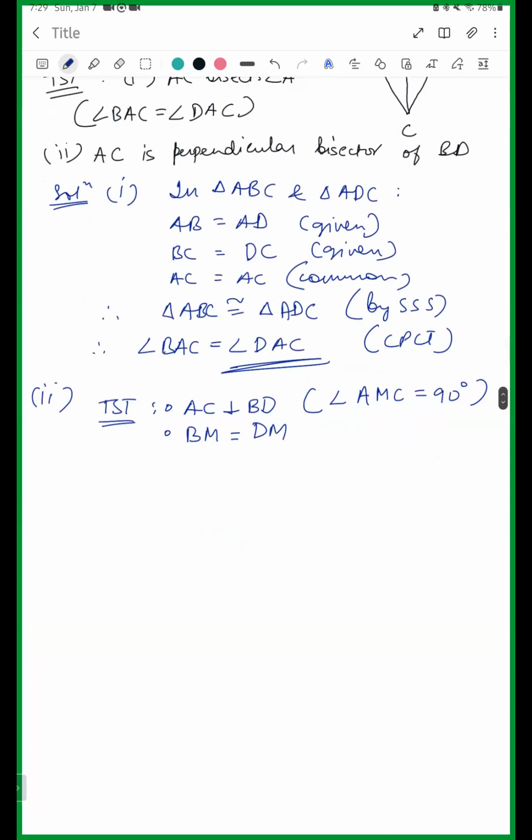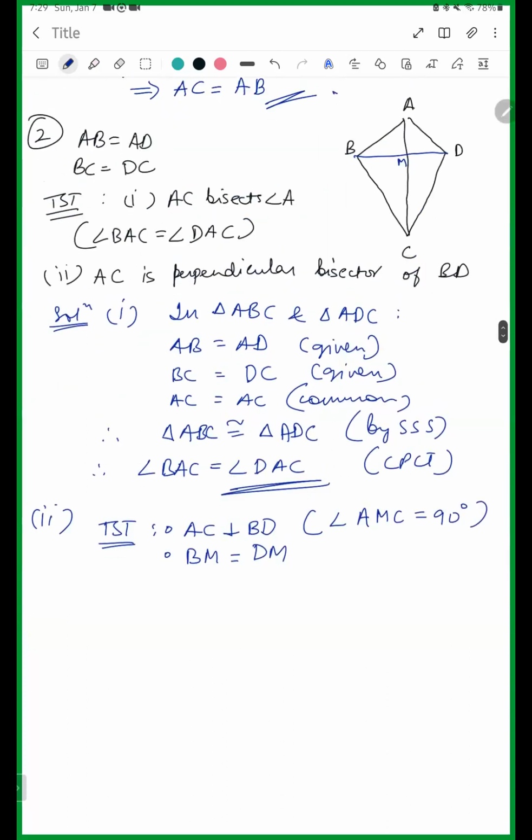In triangle ABM and triangle ADM, what do we have?